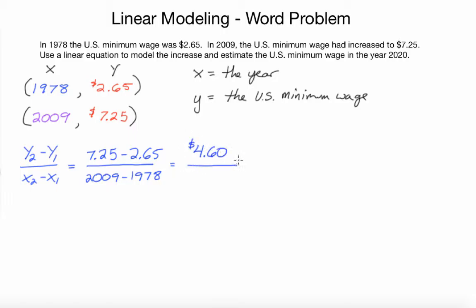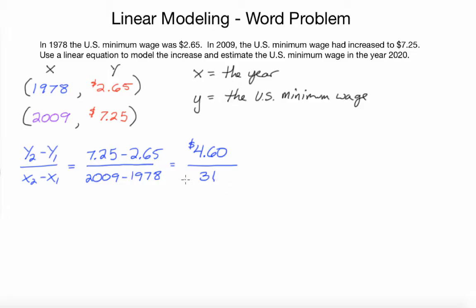While that was changing, how many years did we have an increase of? So 2009 minus 1978, that's going to be a change of, let's see, 31 years.